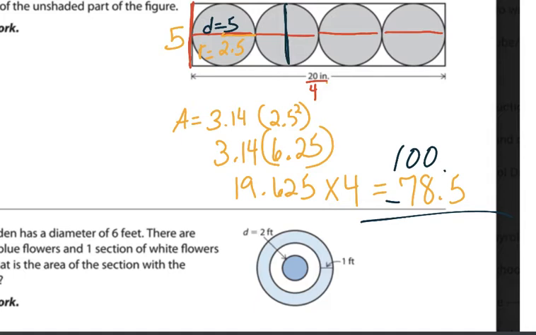My final answer, the unshaded part, is 21.5 inches squared. Let me make sure I type that in right. It's always good to double check yourself. I'm going to go 2.5 squared. That's 6.25. That's correct. Okay, so let's go on to the next problem.